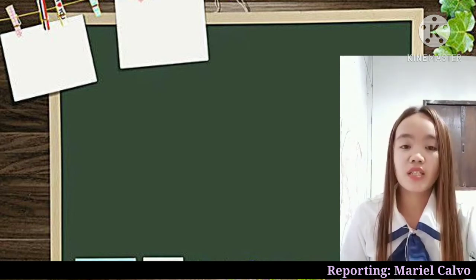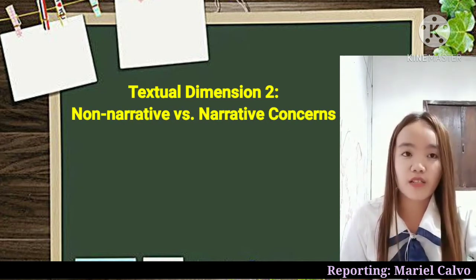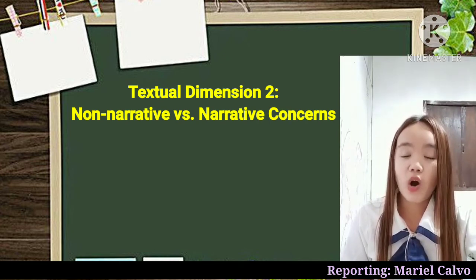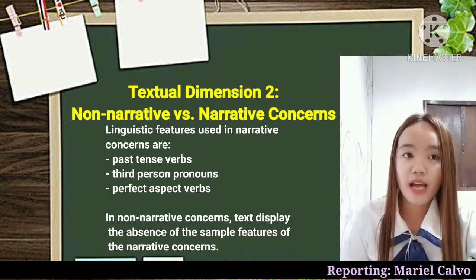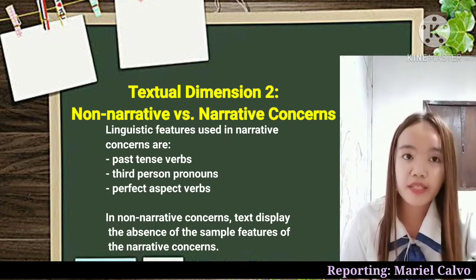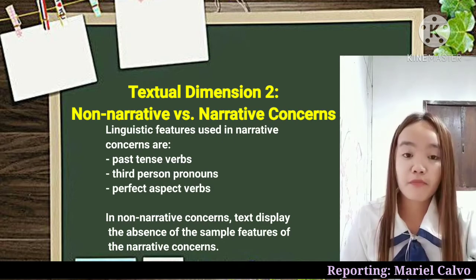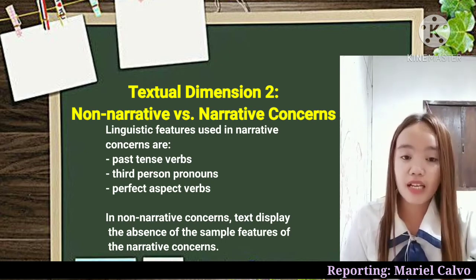Another dimension we have is non-narrative versus narrative. With respect to narrative, Biber says the markers are past tense and perfective aspect, which describe past events, and the use of third-person pronouns. The genres must resemble professional letters, telephone conversations, and press reviews.